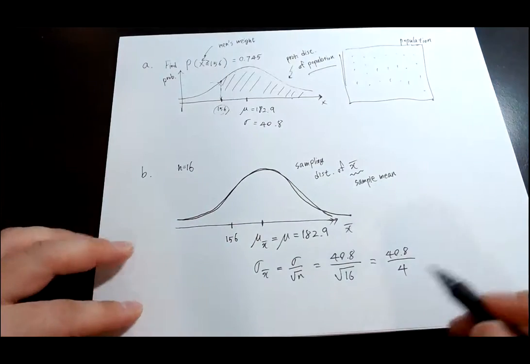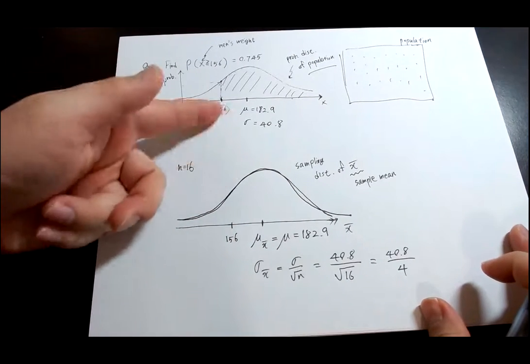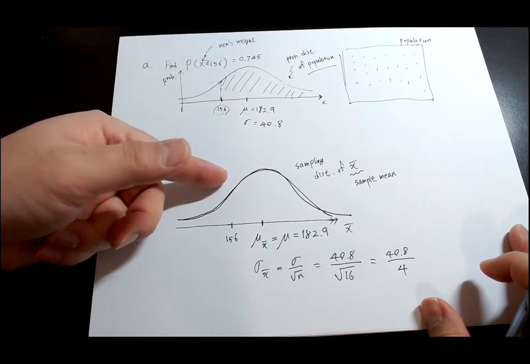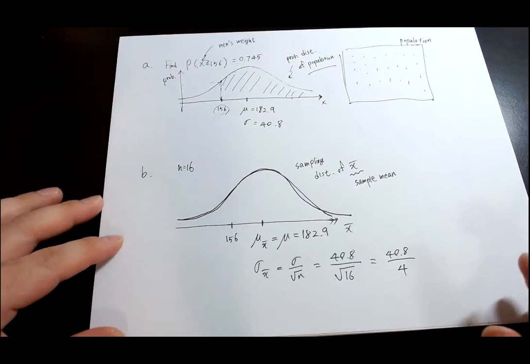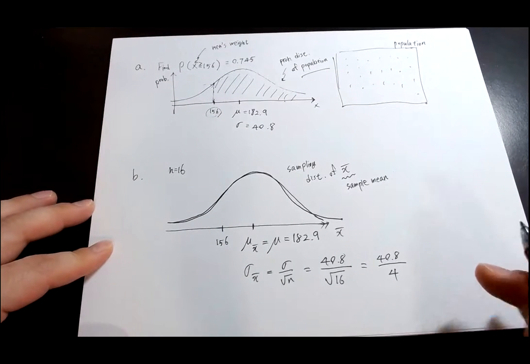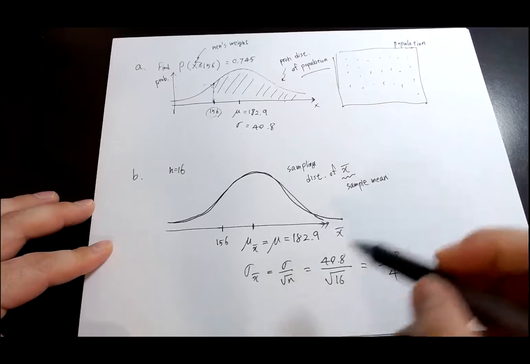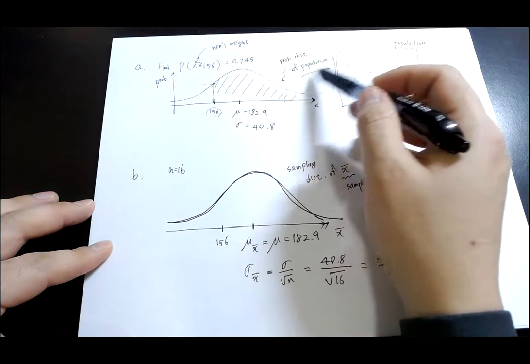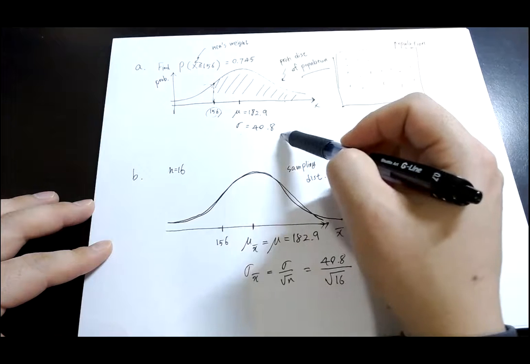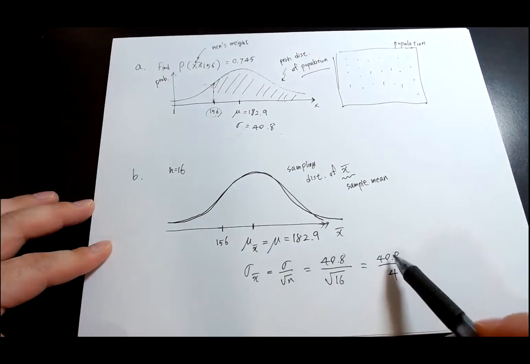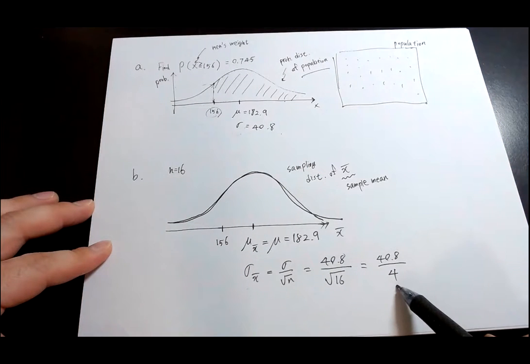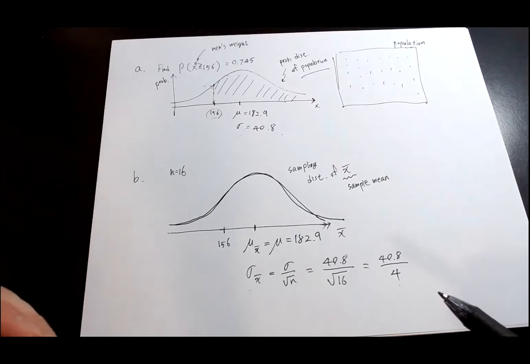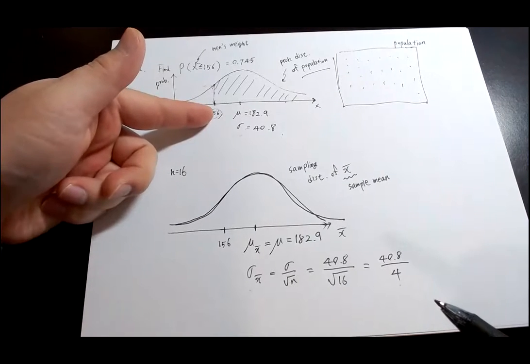You may say that those graphs look almost the same. No, actually, look at this. The standard deviation in the population probability distribution is sigma, 40.8. But here, the standard deviation is 40.8 divided by 4. So this graph has a much smaller standard deviation than this one.